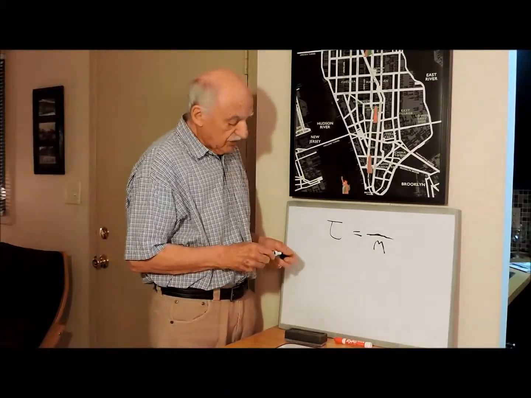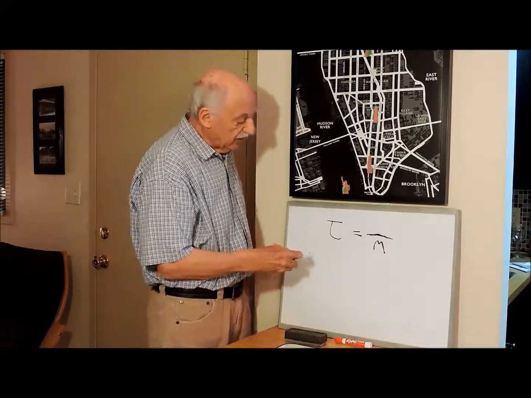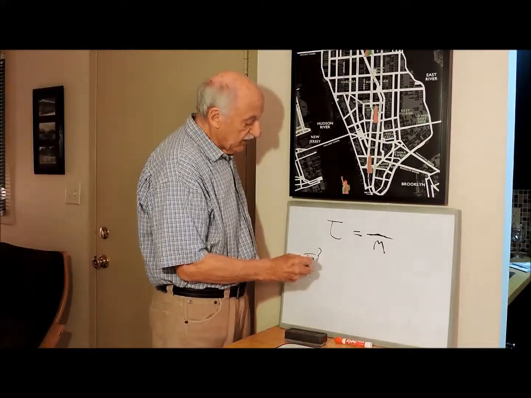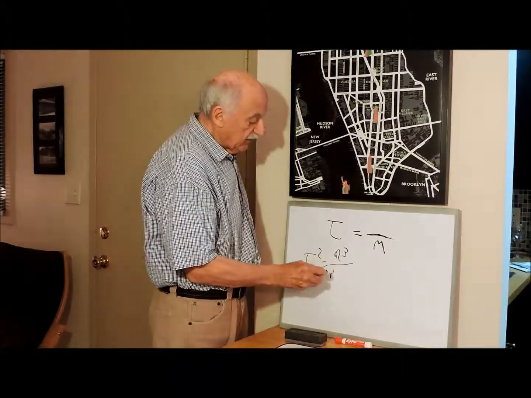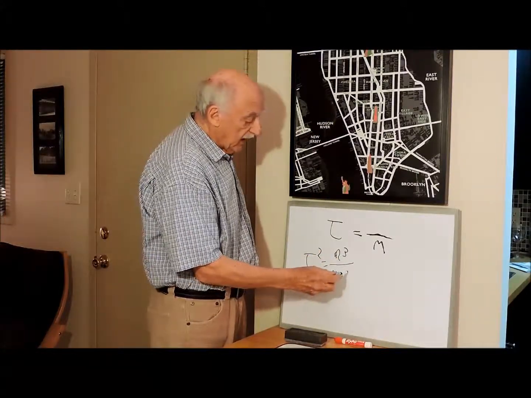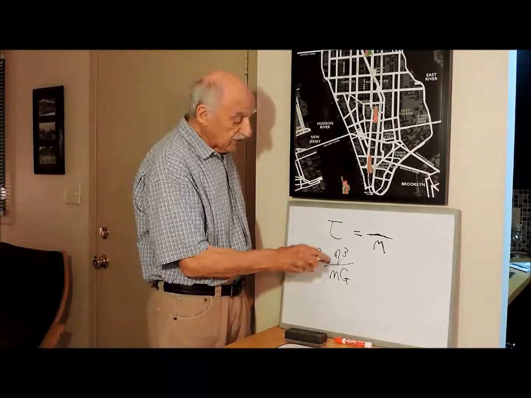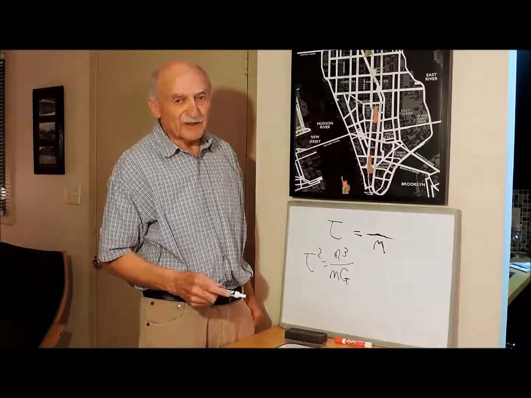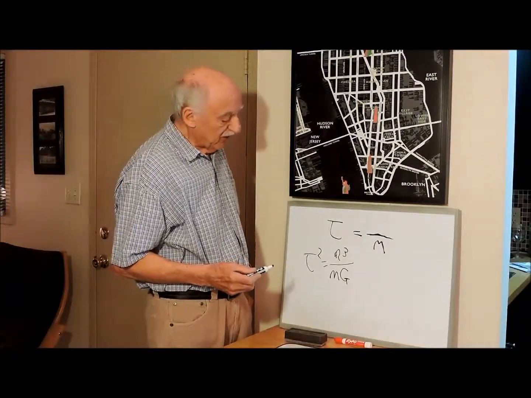If you use Newton's universal gravity constant, then you can show that T squared is equal to the distance cubed divided by the mass and the value of the universal gravity constant. But that assumes that this gravity constant is correct, and I don't like to do that without being quite sure.